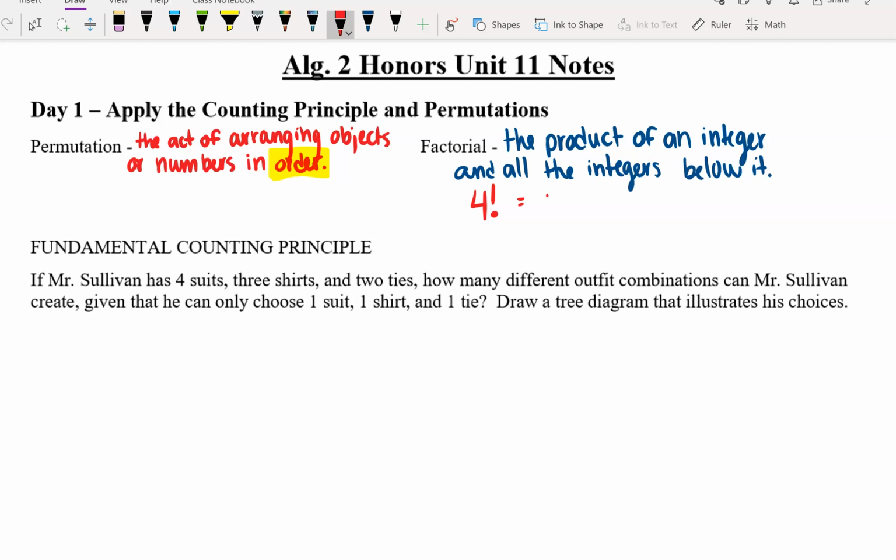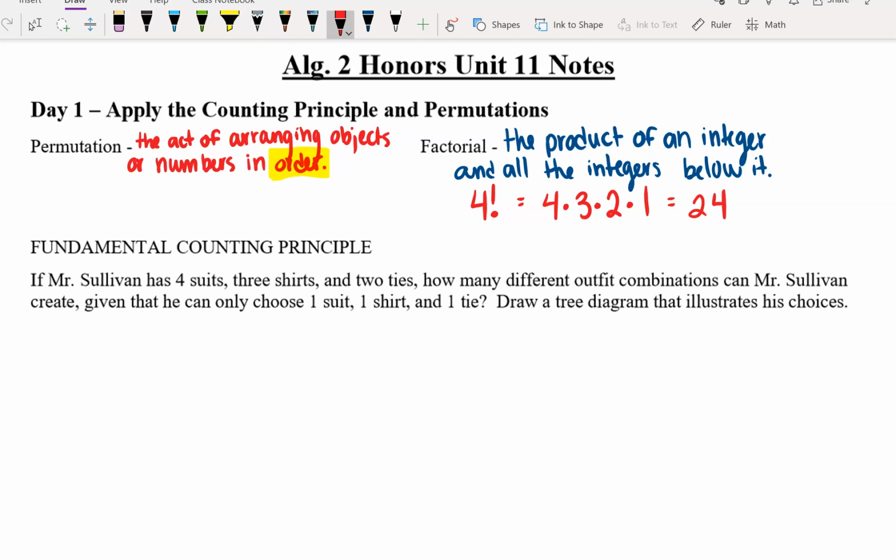What it means is 4 times 3 times 2 times 1, which really you don't need that 1 because multiplying by 1 keeps it the same. So 4 times 3 is 12, times 2 is 24, times 1 is also 24. So 4 factorial would be 24.